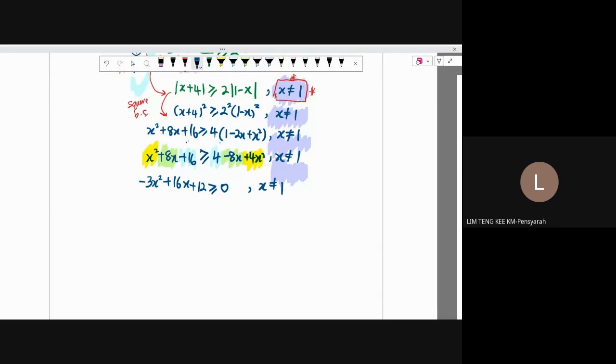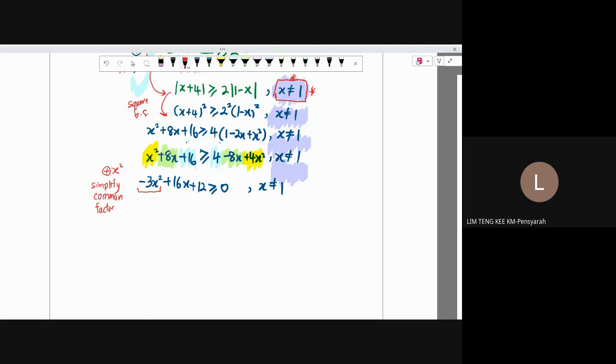In your quadratic expressions, please take note of the x squared part here. Always remember we want to make it a positive coefficient, and then we want to simplify common factors. These two things, actually we can do at once.